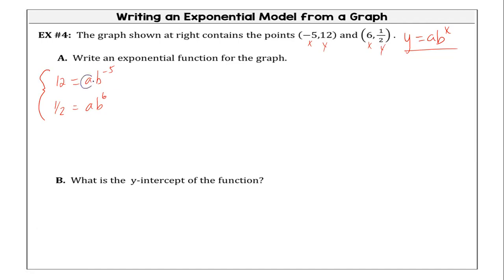So if I chose to isolate a, this is going to lead to a equals 12b to the 5th power. It's a negative. We divide. It's multiplication. -5 would fit underneath a. Exactly. It's a division. There's no addition or subtracting happening.